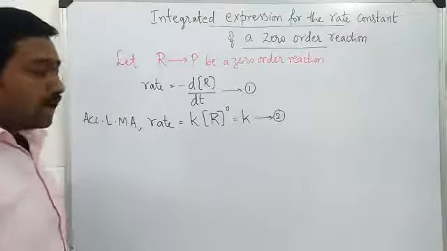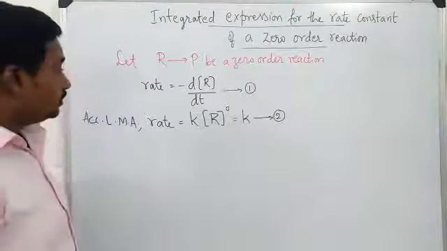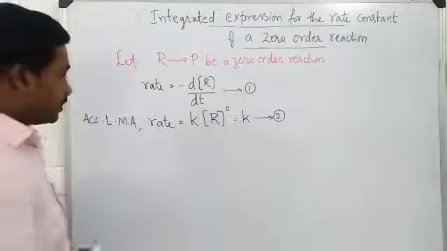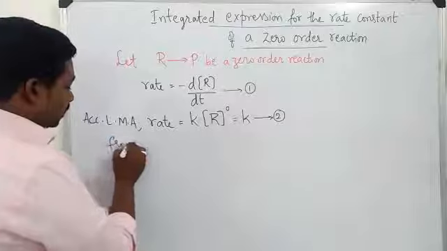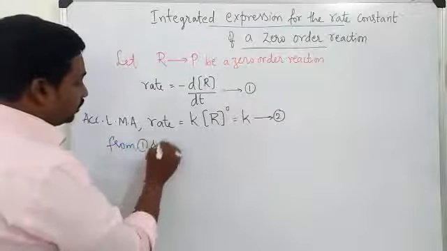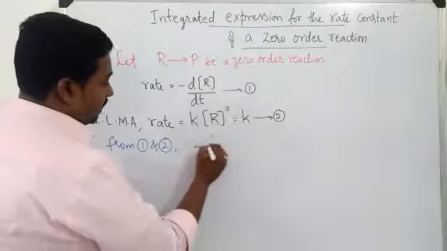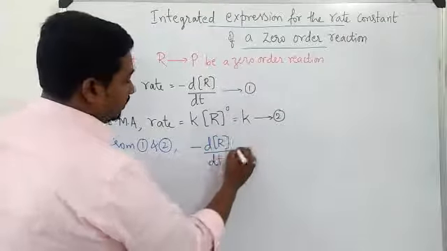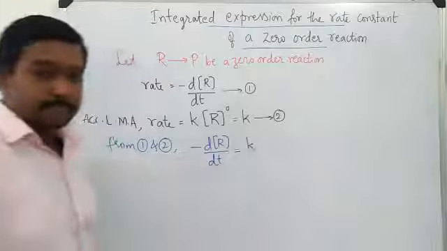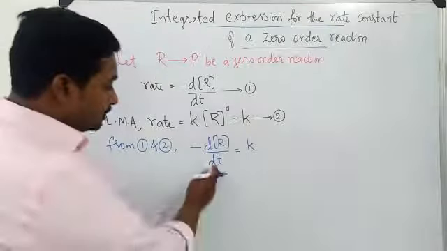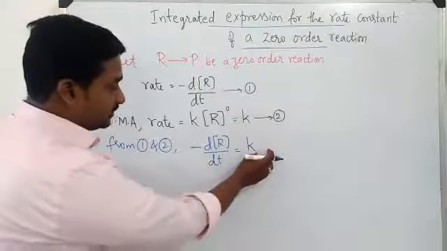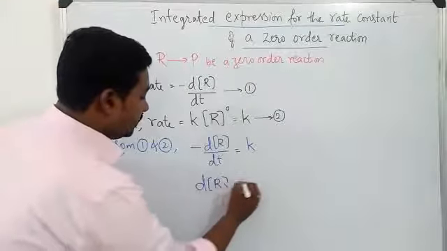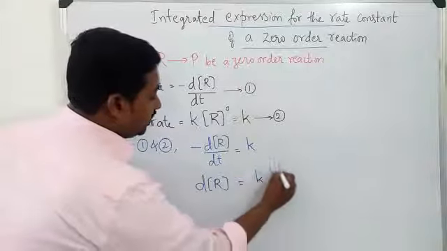Now from equation 1 and 2, we have got the expressions for rate of the same reaction R gives P. So from equations 1 and 2, I can say that minus d of R by dt equals K.